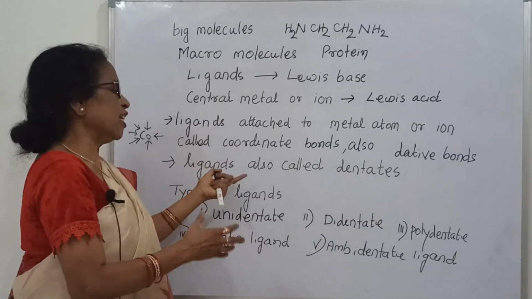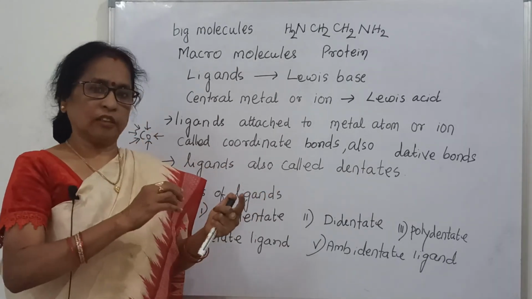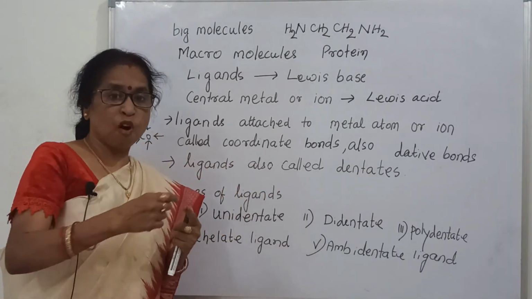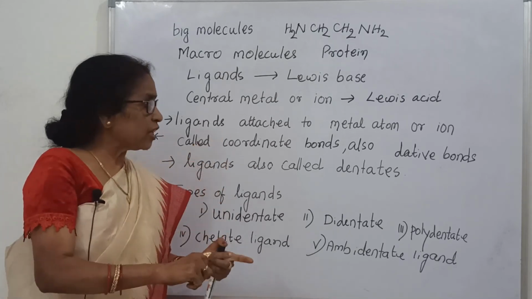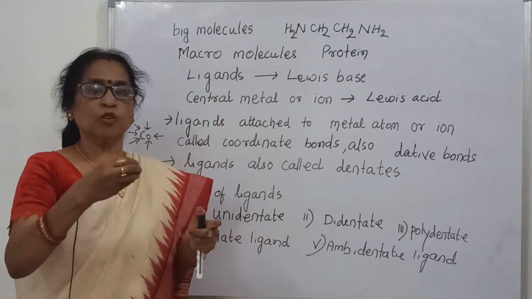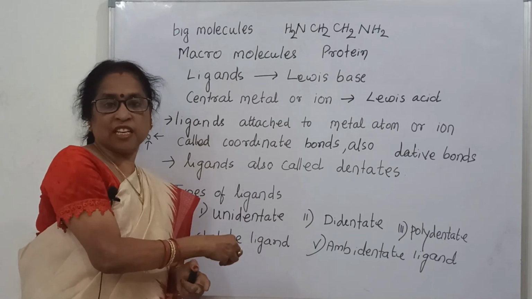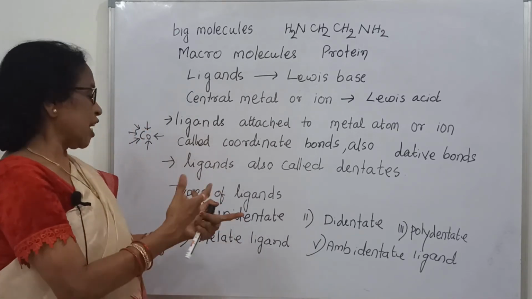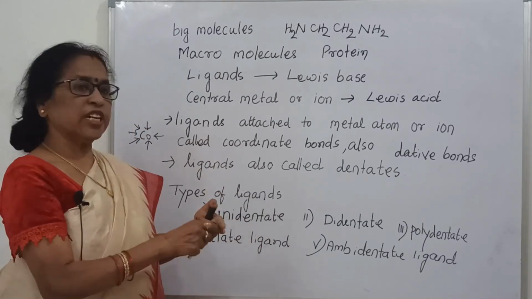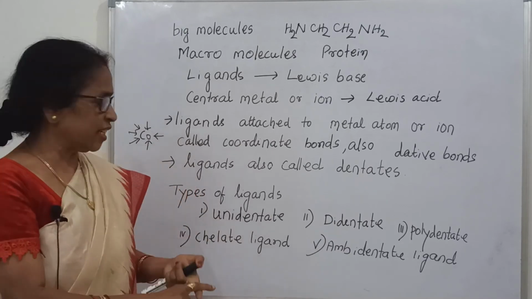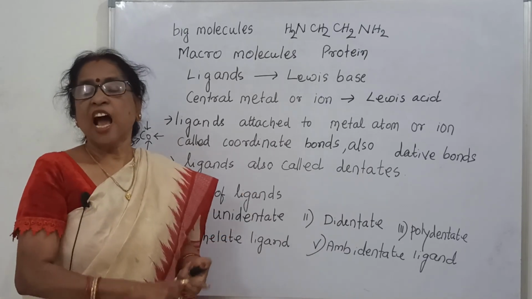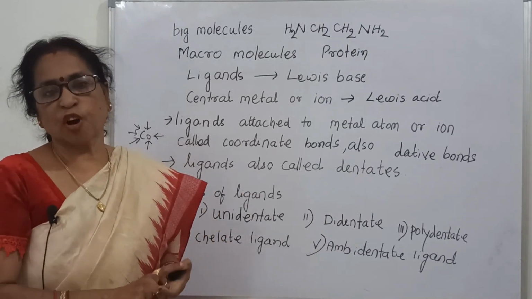That is why ligands are also called donors, and the bonds are coordinate bonds or dative bonds, donating nature to a central metal atom. And the types of ligand are unidentate, bidentate, polydentate, chelating ligand and ambidentate ligand, and one by one we will see them in the coming video.